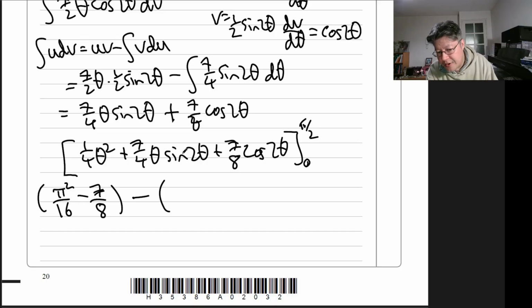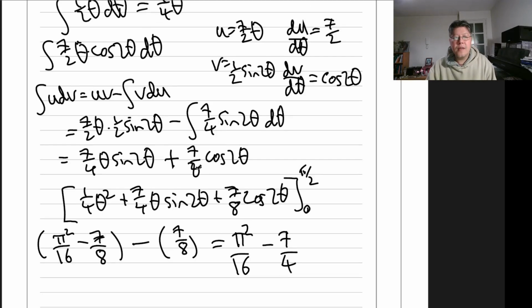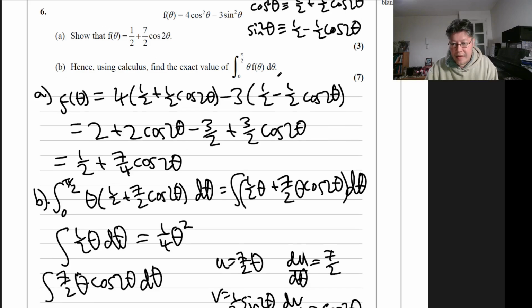Here we're going to get a 0 again because we put a 0 here. And here we get cos 0, which is a 1, so that means it's a 7 over 8. So this simplifies to pi squared over 16, and minus 7 over 8 minus 7 over 8 is minus 7 over 4. And that's the answer.